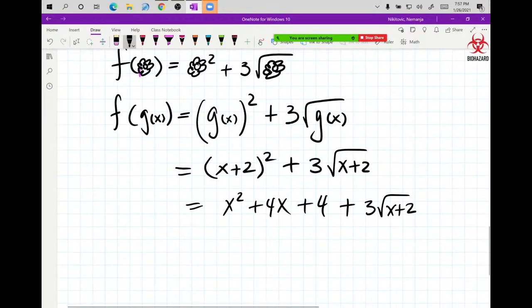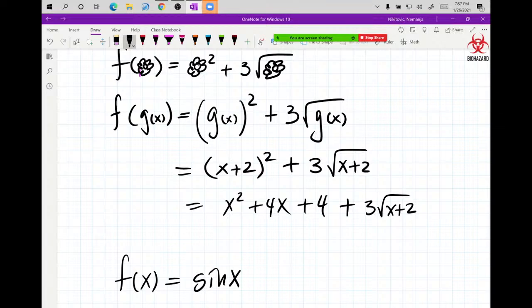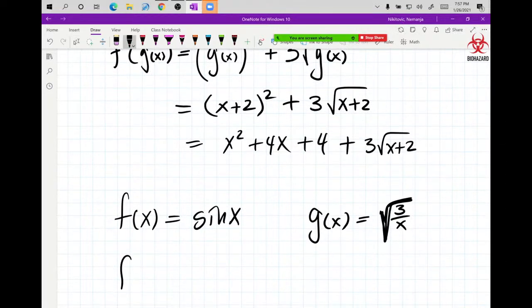Even, we talked about sine x, even though we're not supposed to. Can you tell me what the function composition is if I have square root of 3 over x over here? What is f of g of x? Using the function you have never seen before.